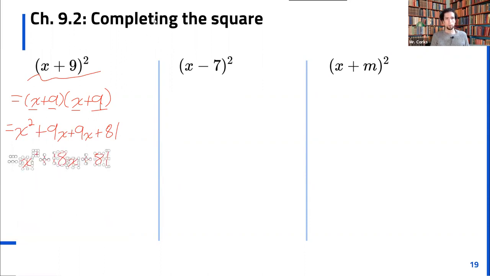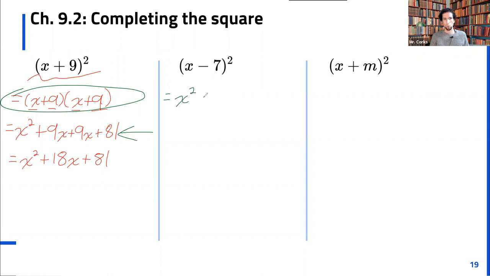All right, let's do the next one in the middle. We'll skip this step, but tell me what this step would look like for the one in the middle. x squared minus 2x multiplying 7 and plus 7 squared. I want it to look like this step here on the left.